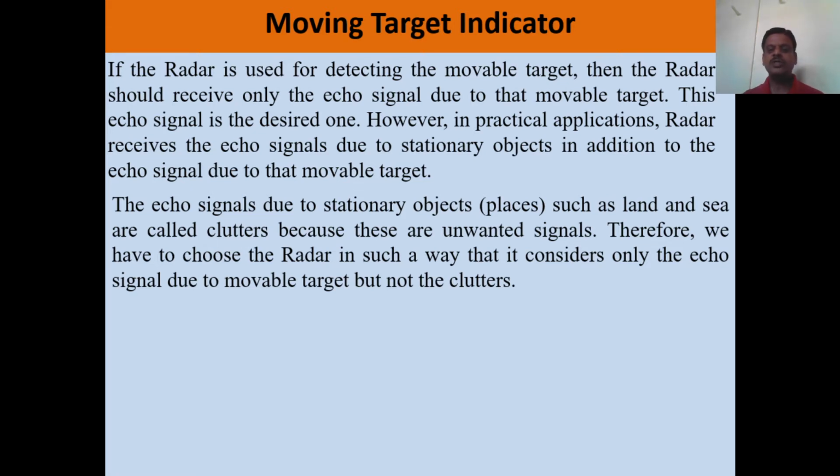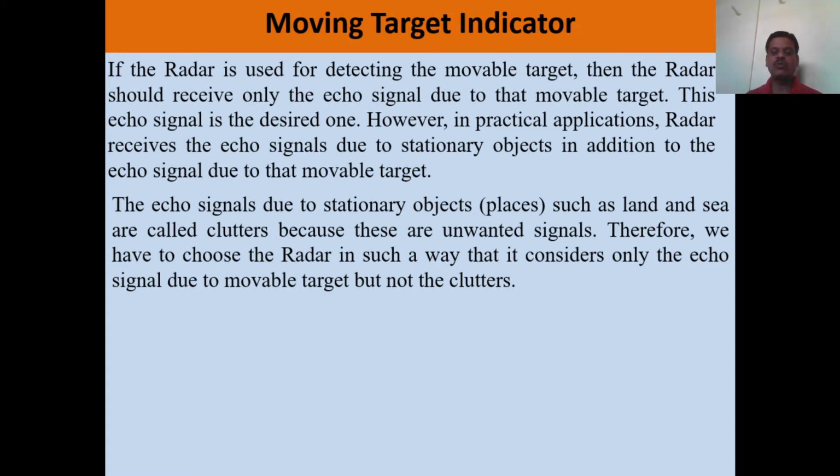The echo signal due to the stationary objects, which are due to land or sea, is called clutter. The signal coming from the stationary objects is known as the clutter signal, and these are unwanted signals.